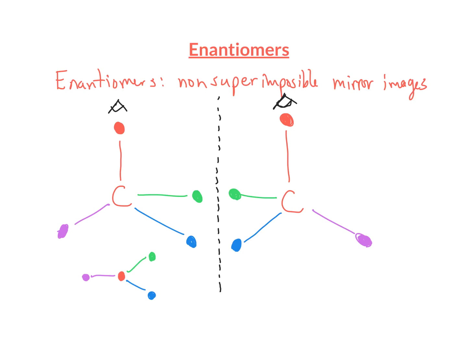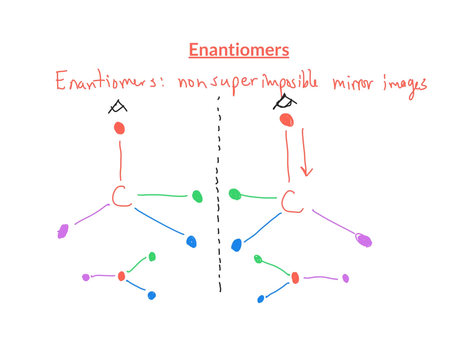If I were to look over here and look down this red bond right here, I would see that red substituent there in the middle. I would see my green up in front to that purple out to the back. And I would see the blue up to the front. So that's an example of non-superimposable mirror images.